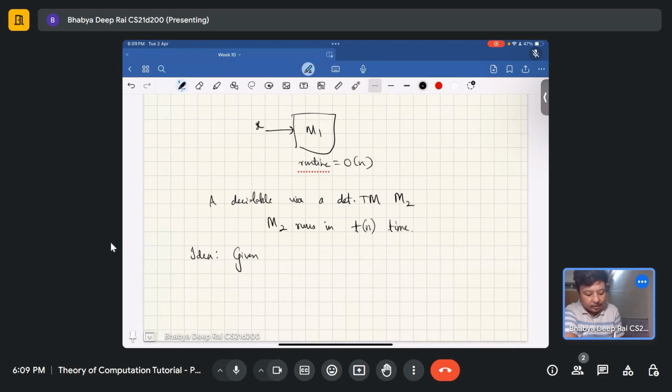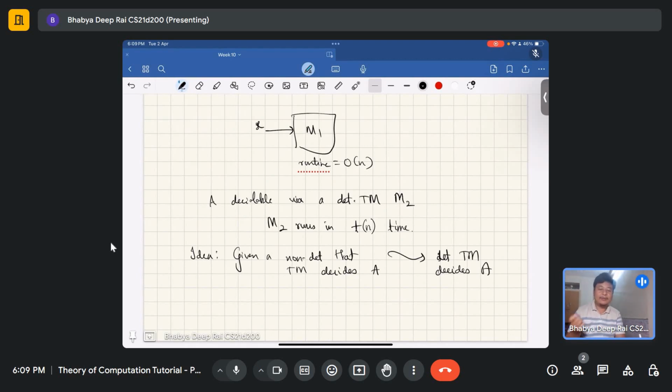So the idea is, given a non-deterministic Turing machine that decides A, I can give a deterministic Turing machine that decides A. I can give you an equivalent deterministic Turing machine.